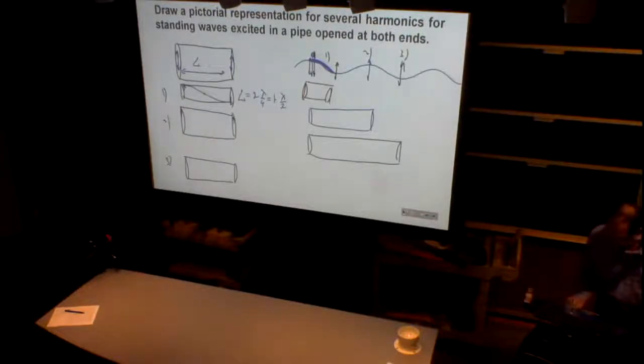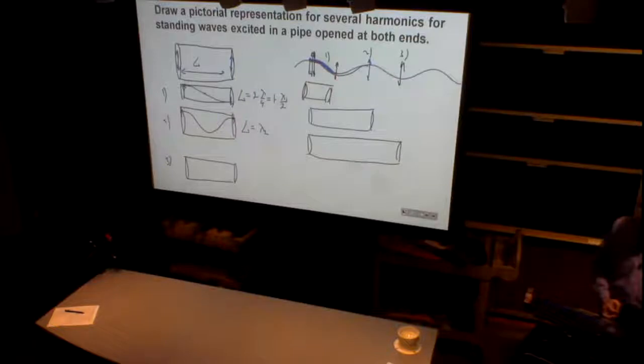Next picture. We have an antinode and an antinode in phase. This is literally this part, and this part looks exactly like one full wavelength. Well, we should start counting them. This is wavelength number 1, which can be fit. This is wavelength number 2, which can be fit. But we want to write it differently.